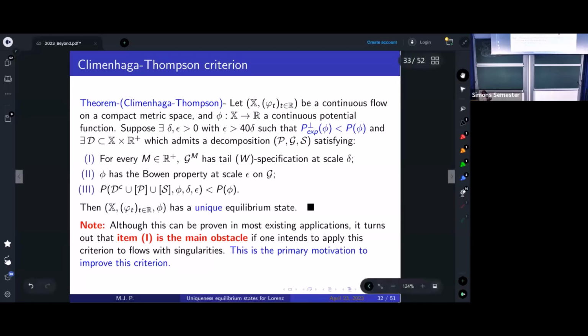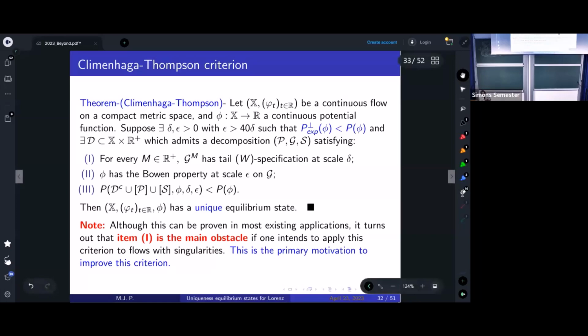And if there is a decomposition like this for every M, such that the set G_M has tail specification at scale delta, and the potential phi has the Bowen property at scale epsilon on G, and the pressure of some set restricted to the bad set is smaller, then the flow admits a unique equilibrium state. In this decomposition, G means the good sets that I will define later, and these are the extremum points of the orbit that I will explain.